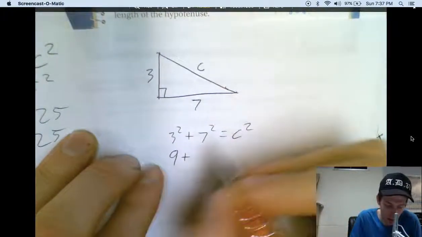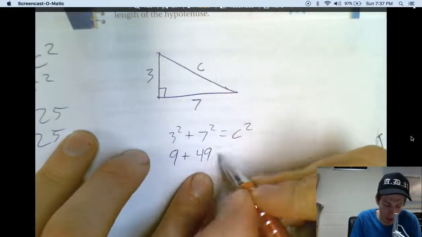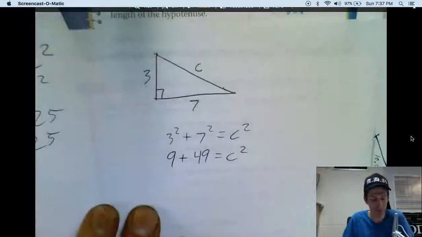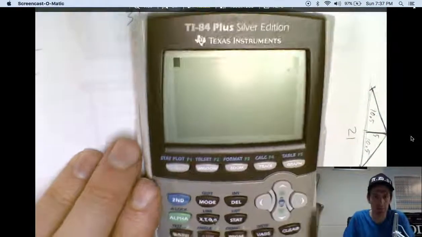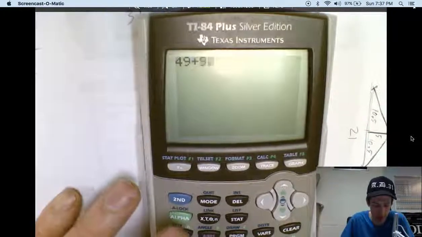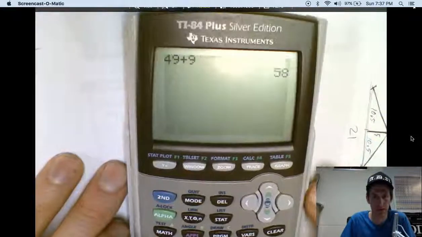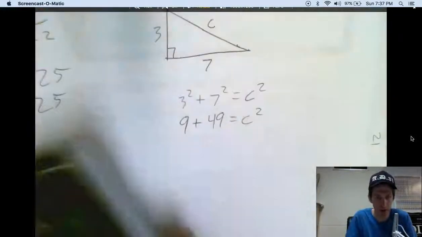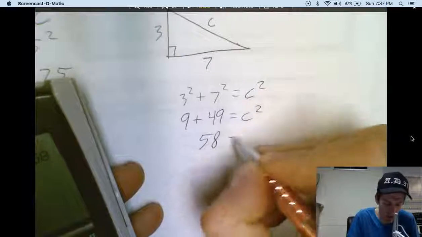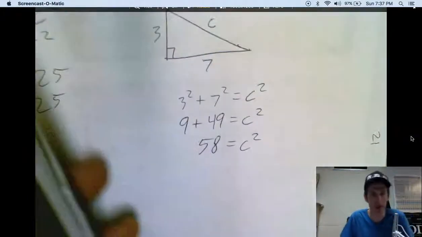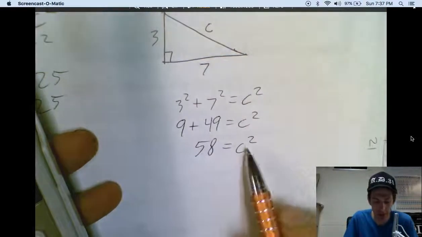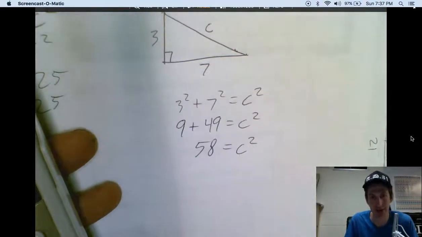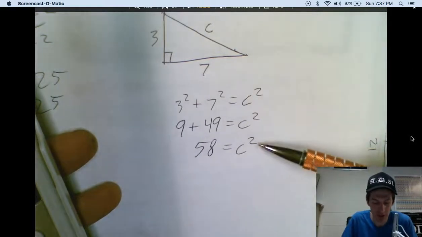9 plus 7 times 7 is 49 equals c squared. Okay, I'll get my calculator out here. 9 plus 49, let's do that real quick, 58. Now, if I've got 58 equals c squared, here's the part where you really need to pay attention. We're trying to get c by itself. We want to know what c equals. We have to get rid of this squared.